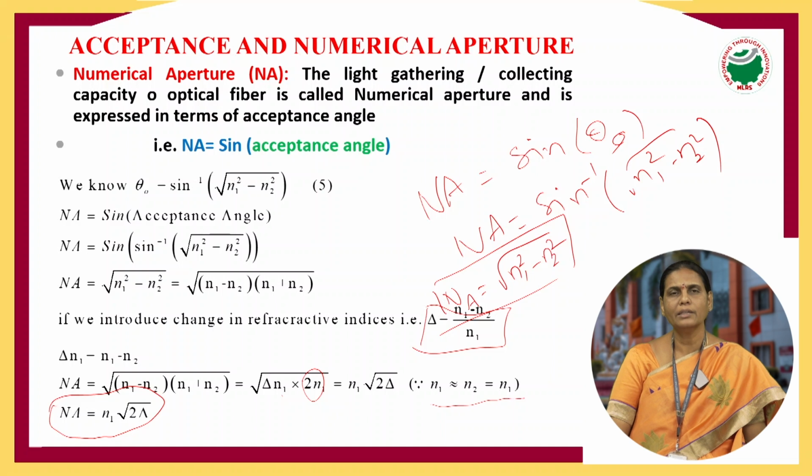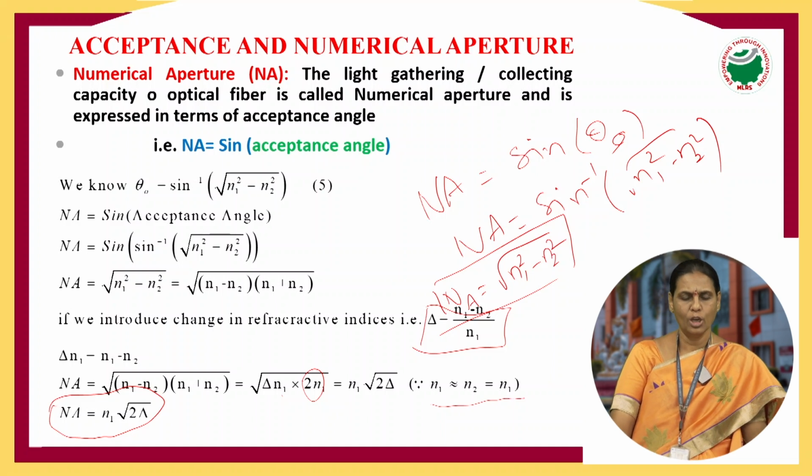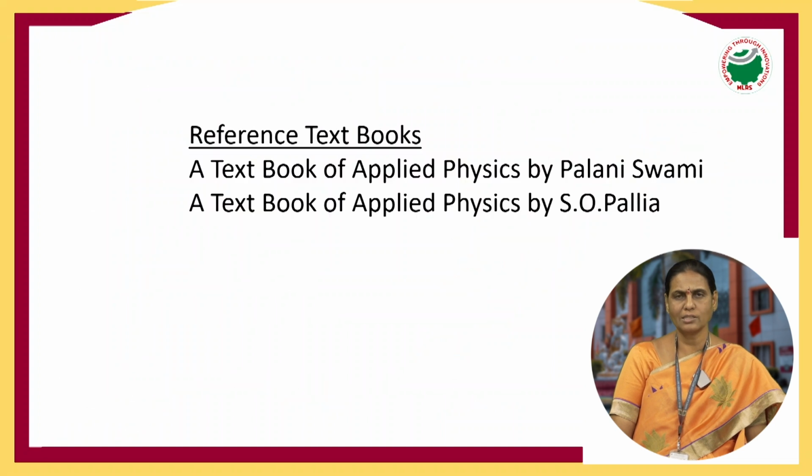That is the acceptance angle. So we have arrived at the acceptance angle derivation: theta is equal to sine inverse of root over n1 square minus n2 square. This is about numerical aperture and acceptance angle.